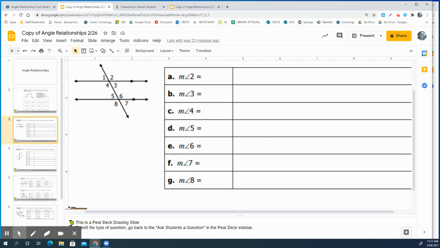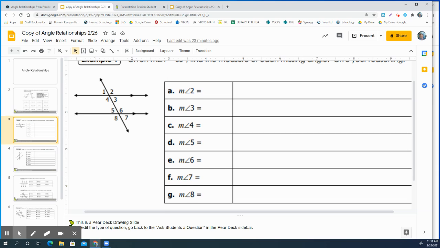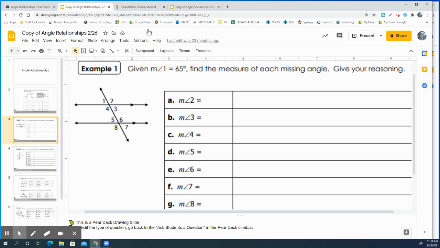So if I look down here, somewhere up a little bit higher, I think I have some numbers, right? So if angle 1 is 65, let's talk through this. If angle 1 is 65, and I'm just going to put a blue circle here because my mouse is not being very fun today. What's vertical to angle 1? 3.